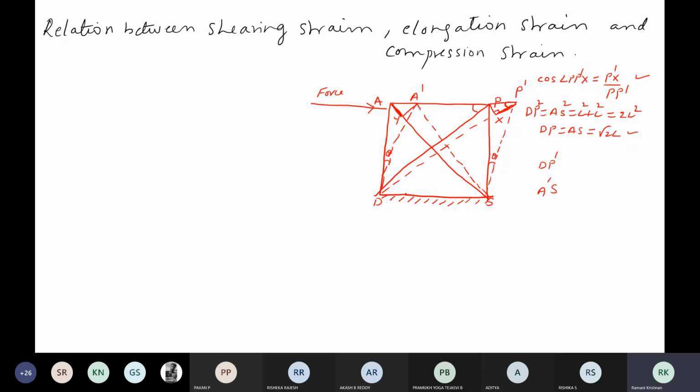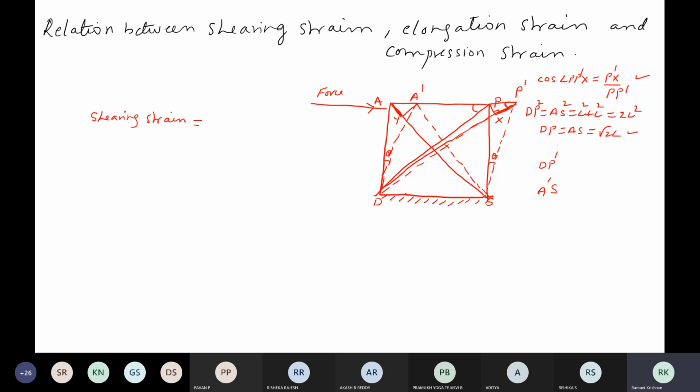Now students, this angle theta is the shear, our body got sheared. From this diagram itself you can see the effects of the shearing strain. Because of this theta there is an elongation strain produced, and at the same time there is a compression strain produced.